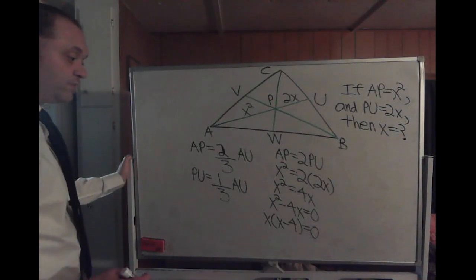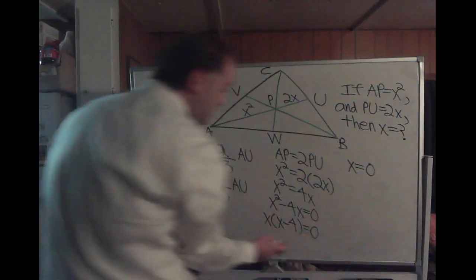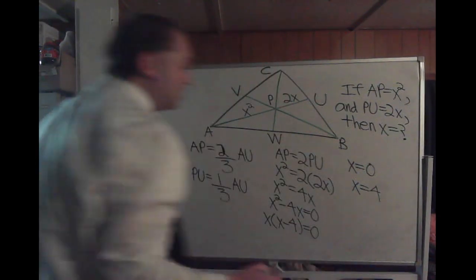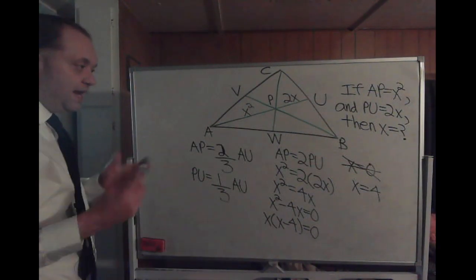Well, take your two solutions: you would have x equals 0, and then x minus 4 equals 0 will give you x equals 4. Well, right away we can discard that 0 because you're not going to have a 0 length. That just isn't going to happen. So your only solution here in this case is that x would equal 4.